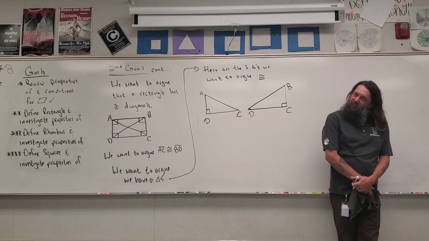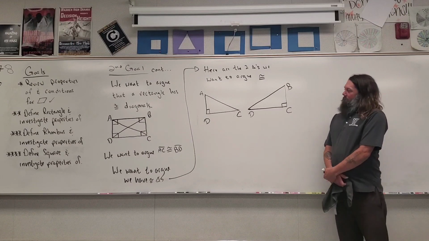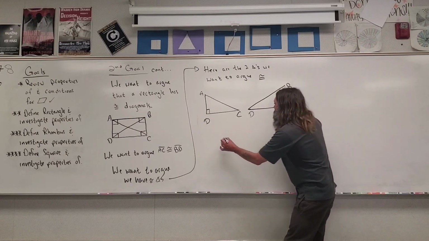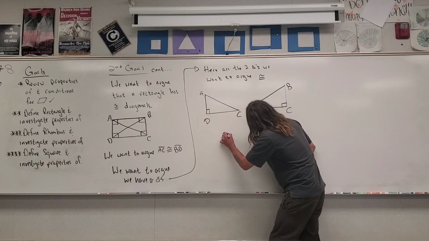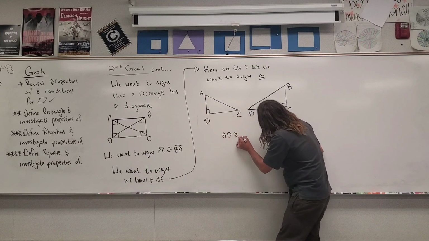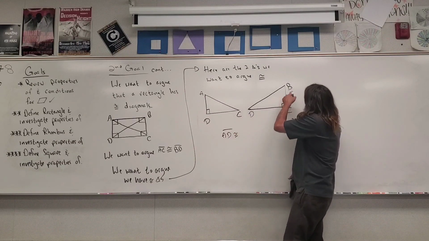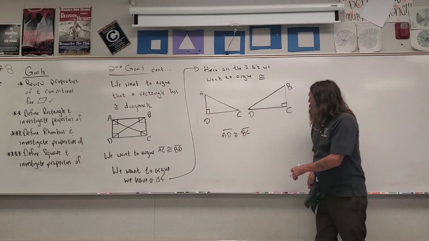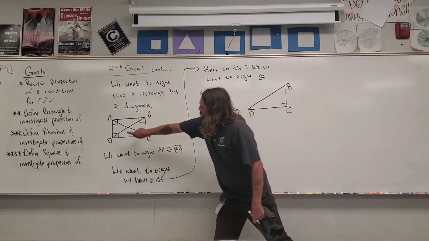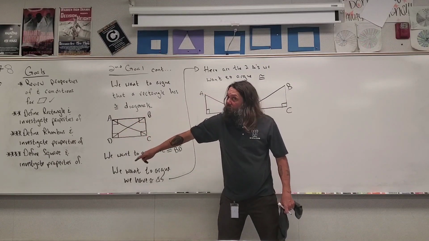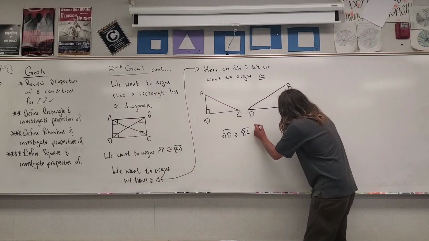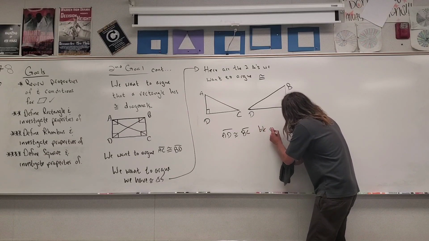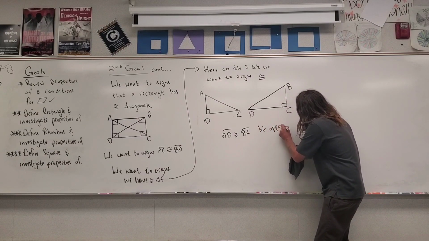Well, let's list some facts, shall we? Okay, well, I know that side AD is congruent to side BC because those are opposite sides of a parallelogram, right? Remember, rectangles are parallelograms.